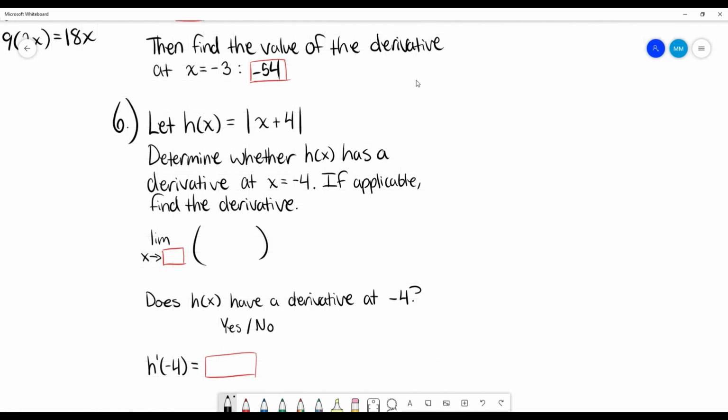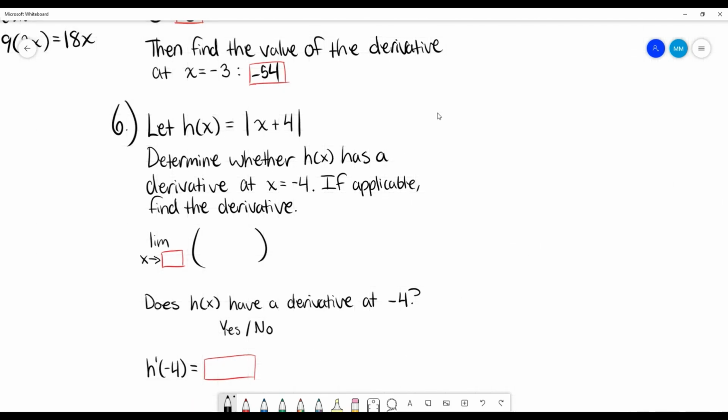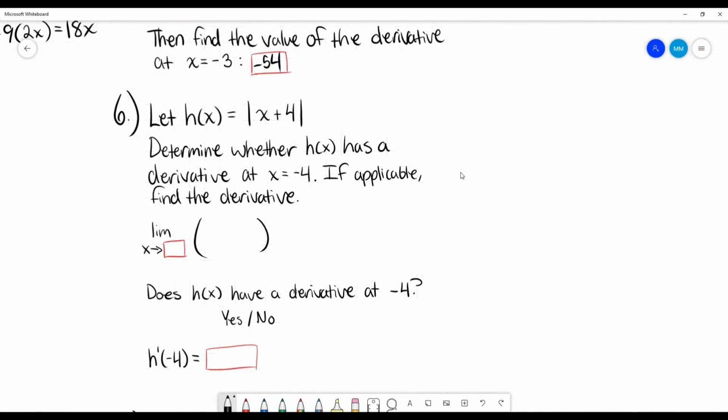All right. Number 6 now is a little different because we've got this function h of x equals the absolute value of x plus 4. And we want to figure out whether or not this function has a derivative at x equals -4.